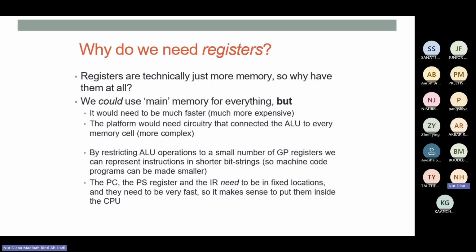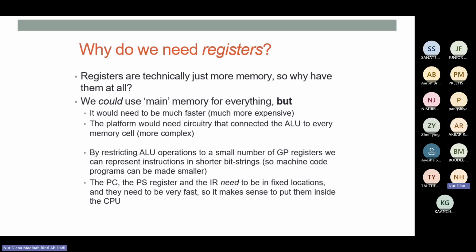So why do we need registers? Technically a register is just more memory, so why do we need to have them? We can use our main memory for everything, but if we want it to be faster, it will be much more expensive. The platform needs circuitry to connect the ALU to every memory cell, which will make it much more complex.